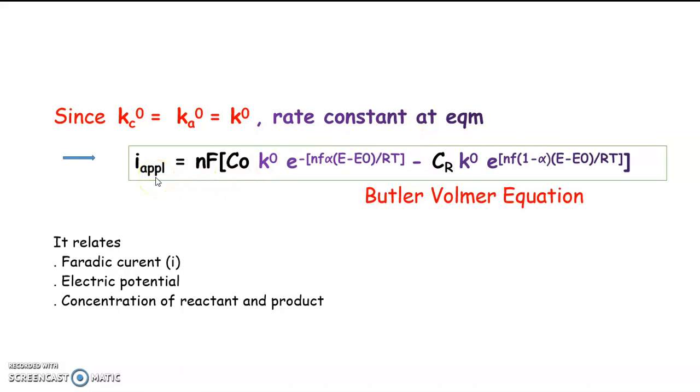Then the applied current equation will be like this, which is known as the Butler-Volmer equation, which relates the current, electric potential, and the concentration of reactant and product, or the oxidant or the reductant.